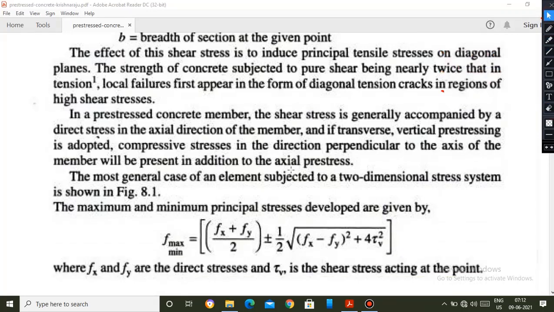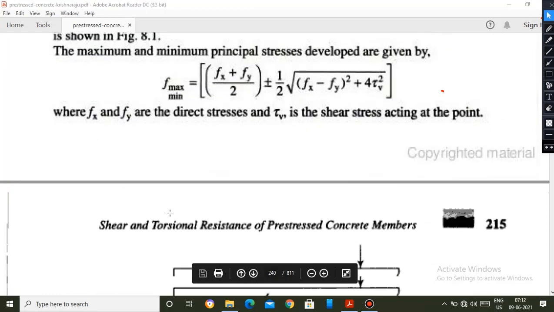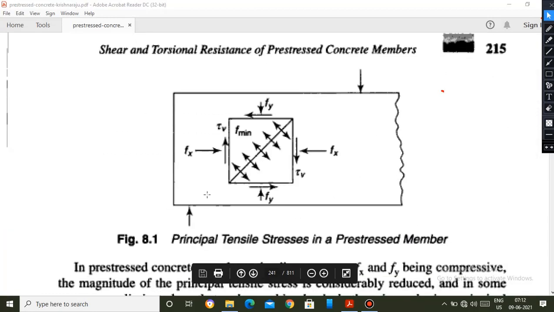And coming to the most general case of an element subjected to a two-dimensional stress system, as shown in the figure below. If you observe here, this is the block or plane we are considering, where Fx and Fx are the forces acting along the horizontal direction of the plane, and Fy and Fy are the forces acting along the vertical direction for this particular type of beam.